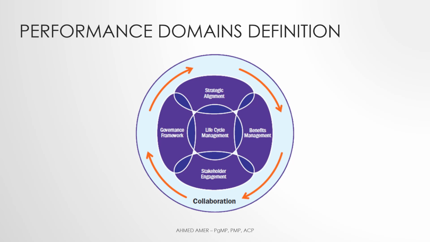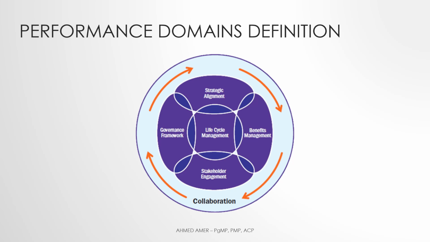As seen, these domains are optimized through collaboration. We mentioned in earlier videos that collaboration is a new domain introduced by PMI in the 5th edition of the Standard for Program Management. It's also apparent from the figure how these domains overlap and are interlinked.